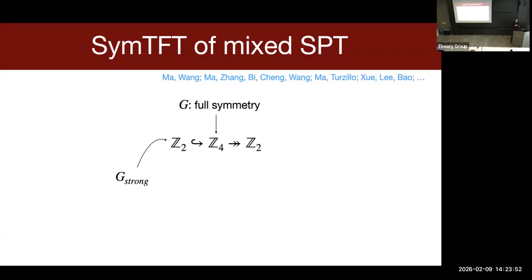That means the density matrix can act with it on only one side, that is, it leaves the density matrix invariant. So every state in this density matrix ensemble is invariant under this Z2 symmetry. And the quotient is what one might want to call the weak symmetry.